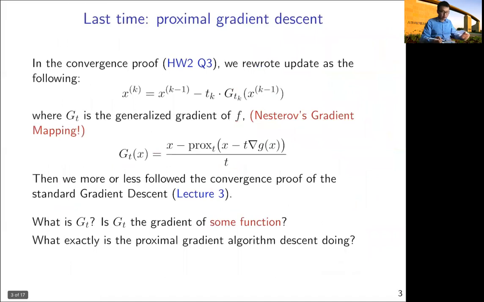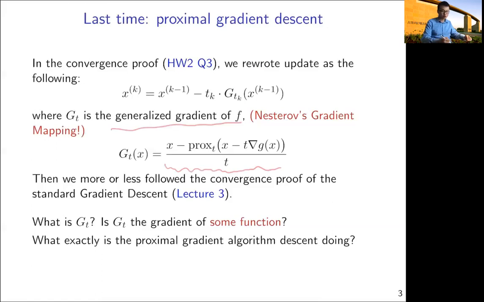So one question that you will be working on in homework 2 is to prove the convergence of the proximal gradient descent. As instructed in homework 2, you are supposed to make use of the notion called generalized gradient of f at this location x. This is defined as a fairly trivial construction coming from the proximal gradient updates.